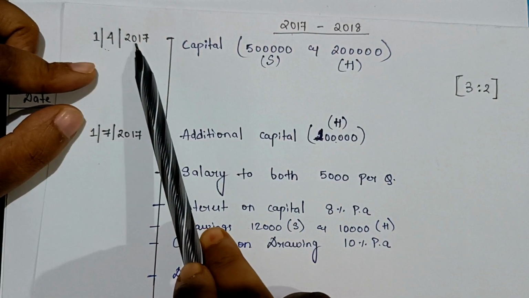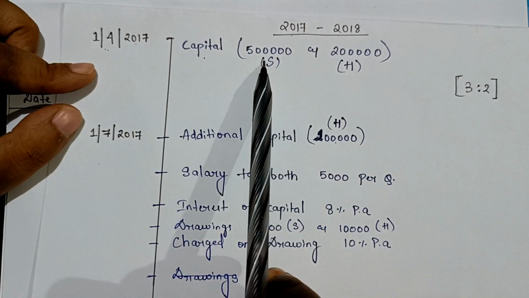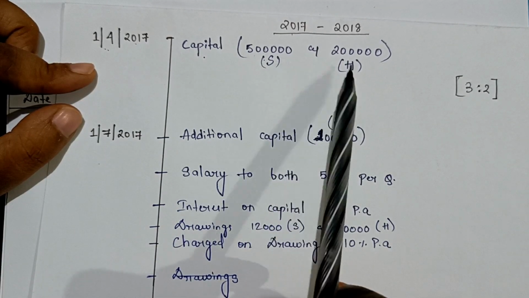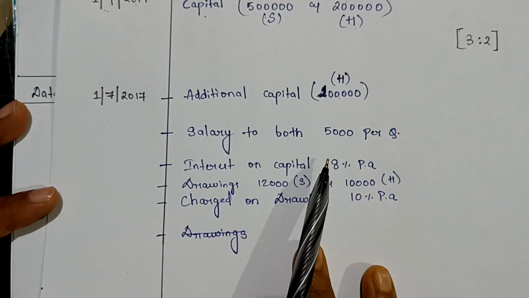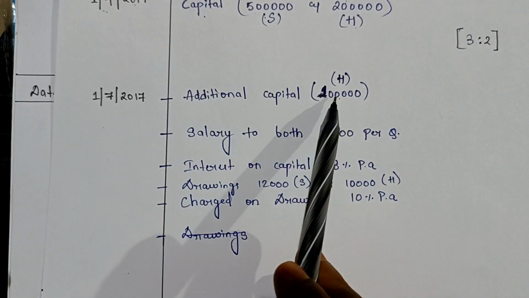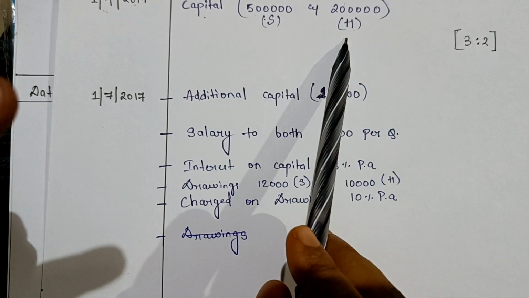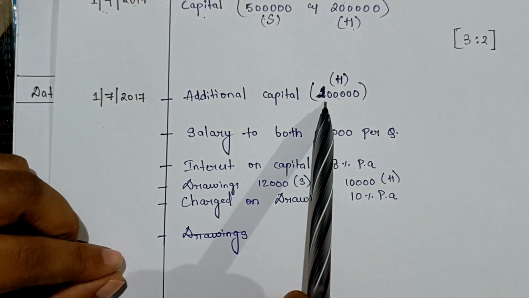On 1st April 2017, they brought capital into their business. Shiv brought 5 lakh and Hari brought 2 lakh. And then on 1st July 2017, Hari brought additional capital. Only Hari brought the additional capital of rupees 1 lakh.